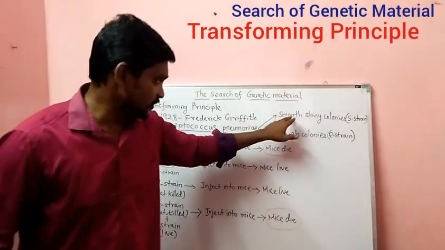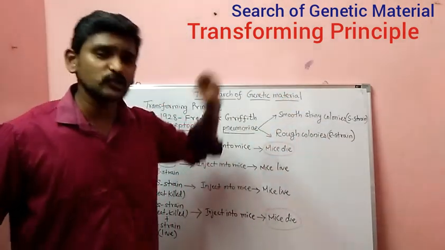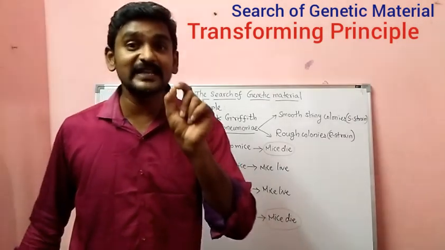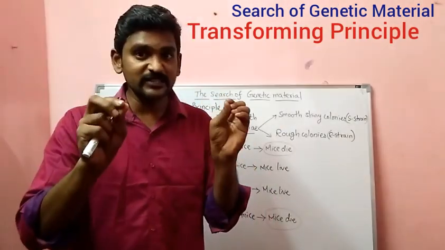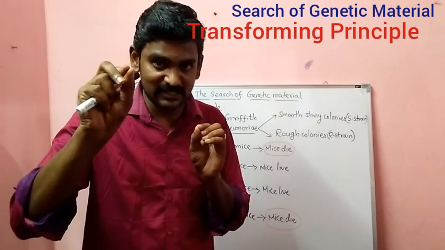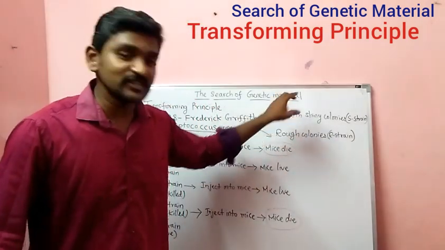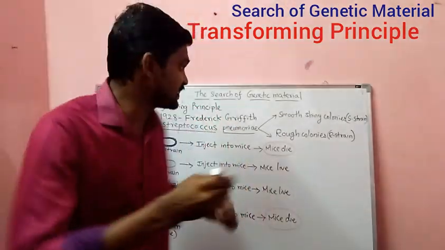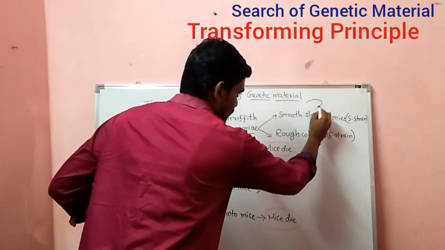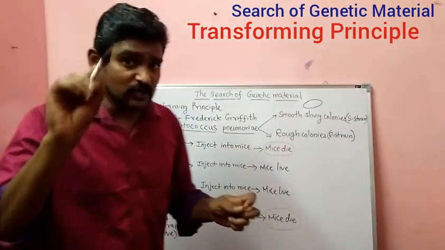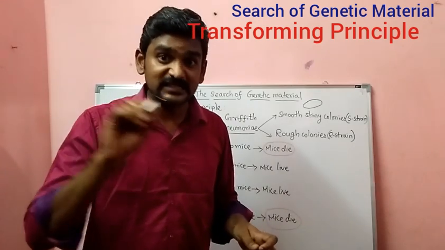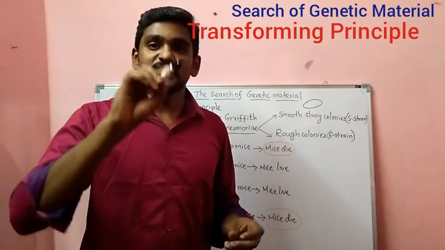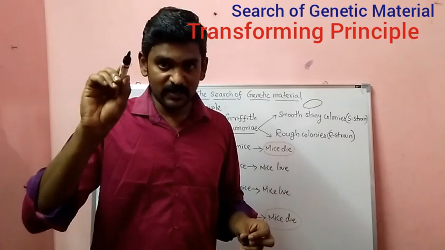Why is it called a smooth, shiny strain? Strain means a variety, a type of the bacteria. If you take the bacteria, it is surrounded by the cell membrane, then the cell wall. Some bacteria also have capsules.